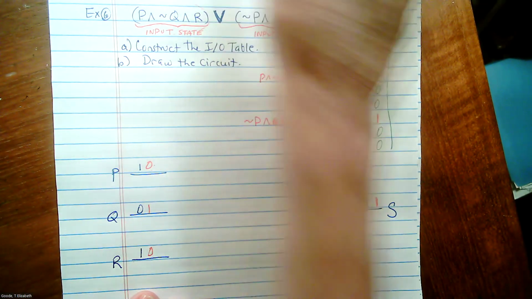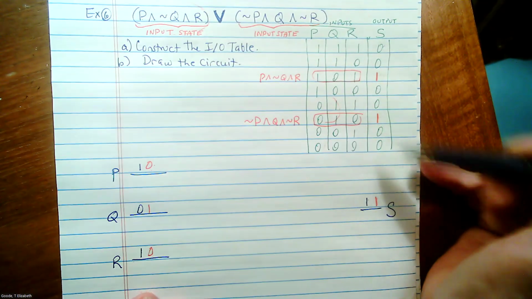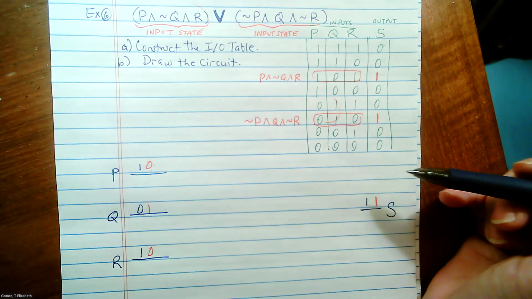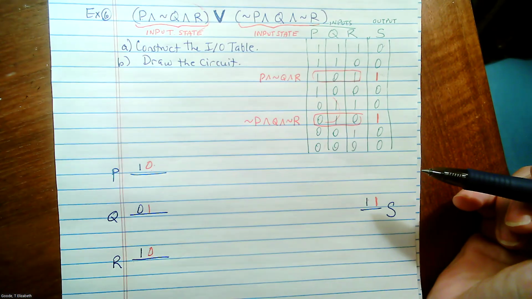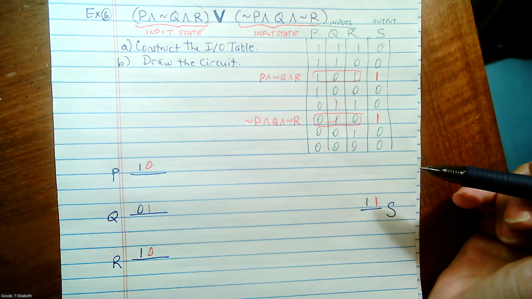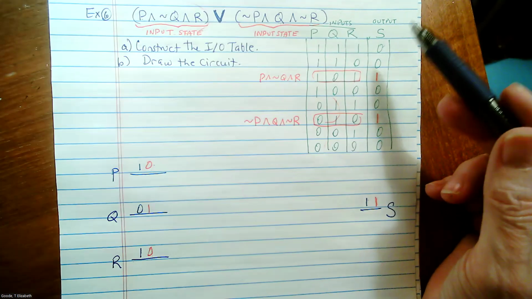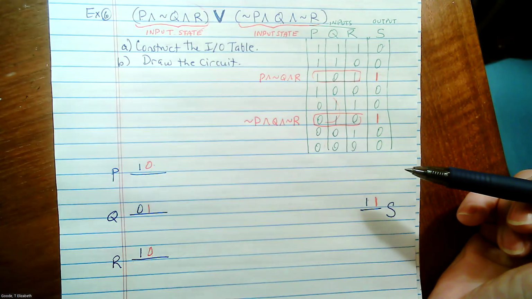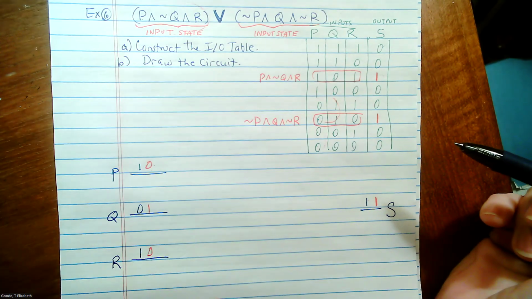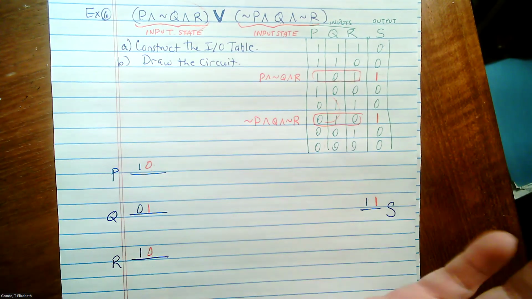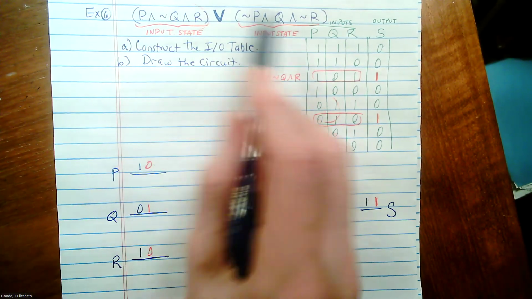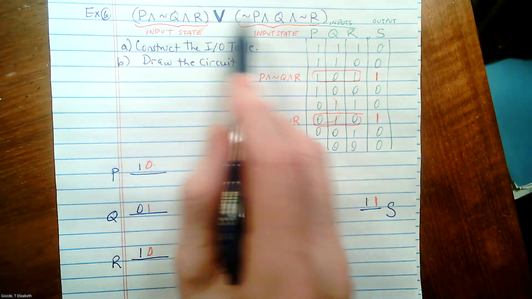If we only had one of these, we would just have one 1, and the rest would be 0s, and we'd be looking at what's called a recognizer. A recognizer is a circuit that only has a single 1 in its output column, and all the rest are 0s. Don't worry about that. Let's see if we can build the circuit.